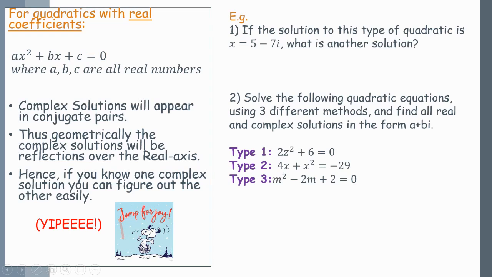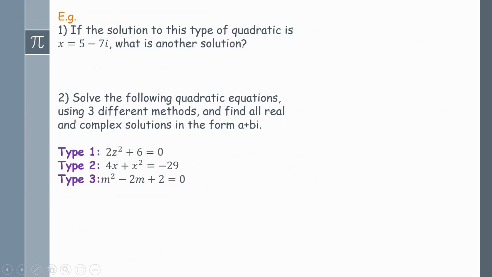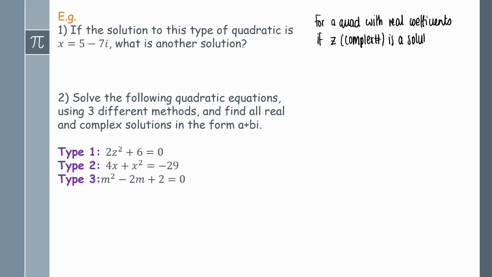We're going to go through some examples together. First question: if the solution to this type of quadratic, a quadratic with real coefficients, is x equals 5 minus 7i, this complex number, what is another solution? If this has a complex solution, then another solution will also be the complex conjugate of this solution.